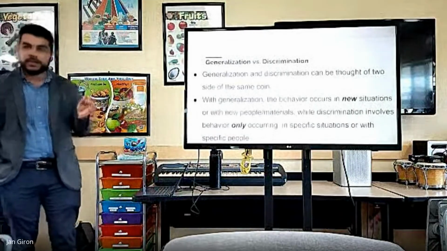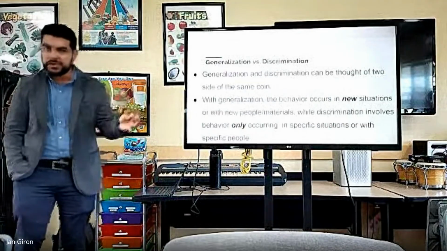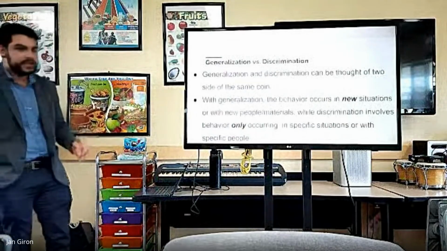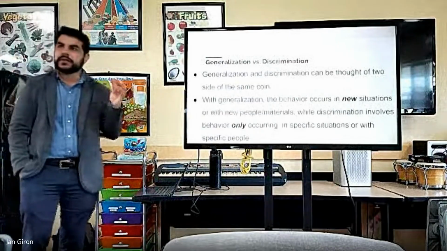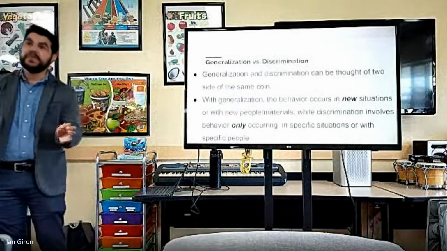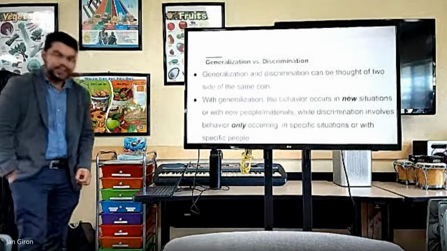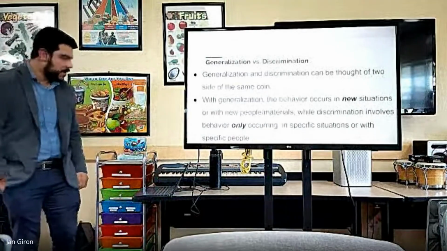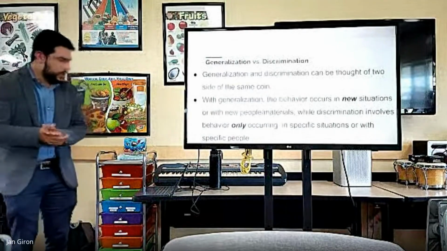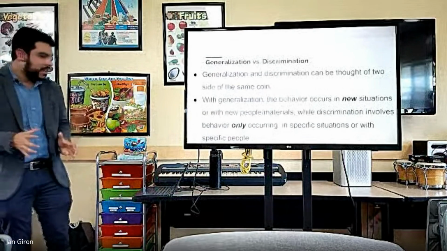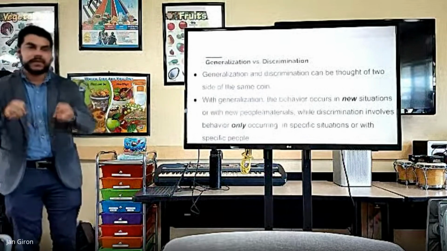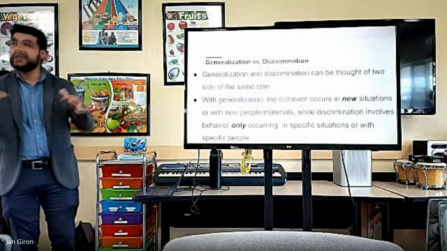We want the behavior to occur in new situations, new contexts, whereas for discrimination, they should only happen in certain contexts. And again, we'll be looking a little bit more at that later, but I think it's more important to stress right now, generalization is about being able to respond in a flexible way.